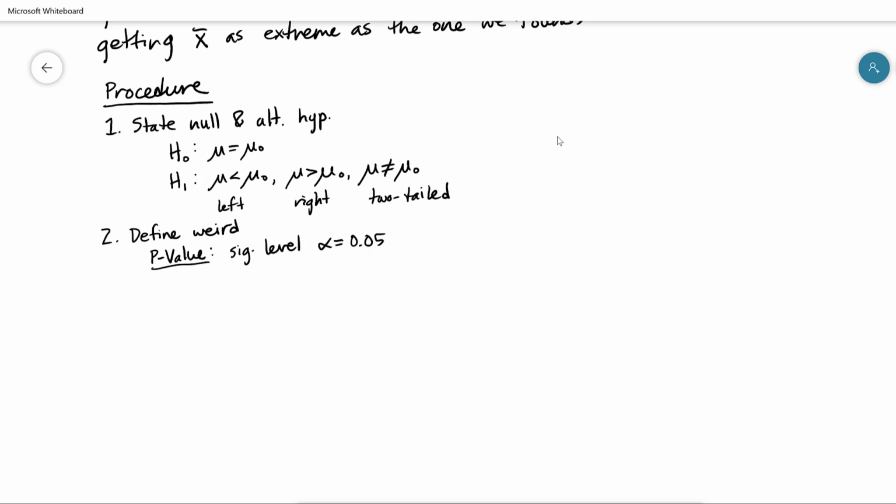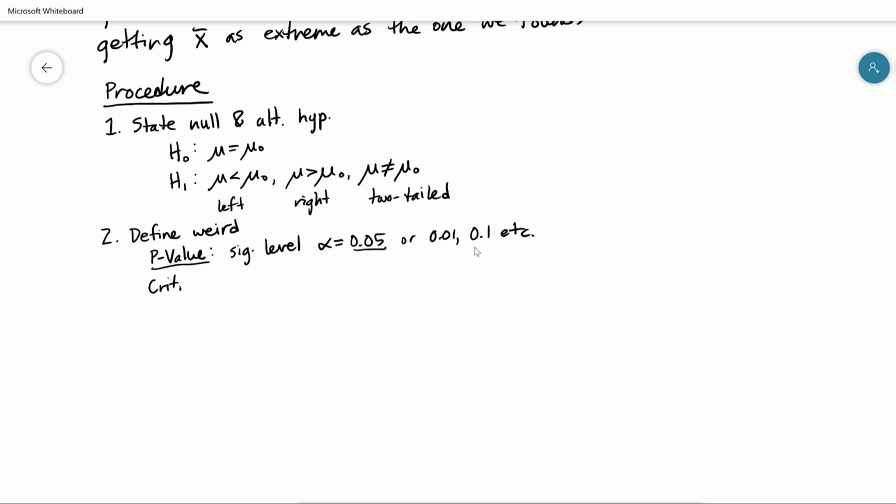It's given in the problem. It may not be 0.05, it may be 0.01 or 0.1, etc., but it'll be given. It's just an area, a probability. And so what we're saying here is we're defining weird as anything that happens less than 5% of the time, or in this case, anything that happens less than 1% of the time, or in this third case, anything that happens less than 10% of the time. We get to pick, or alternatively, it will be stated in the problem.